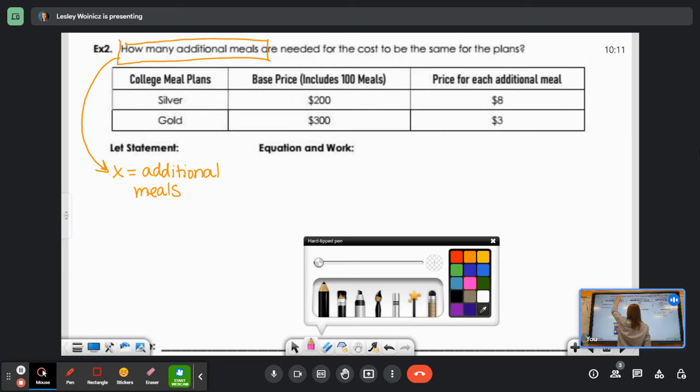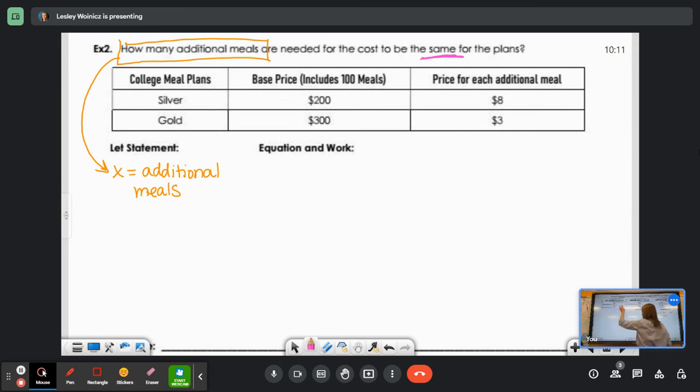Okay, now let's look for some key words. We want the costs to be the same, so I know that I need an equation. Okay, I see the word each. That tells me that this 8 and this 3 are the ones that get the x. Okay, so I want the silver and the gold plan to have the same cost. So I'm going to make a silver side of my equation and a gold side.